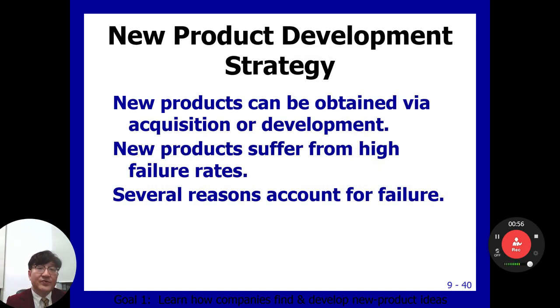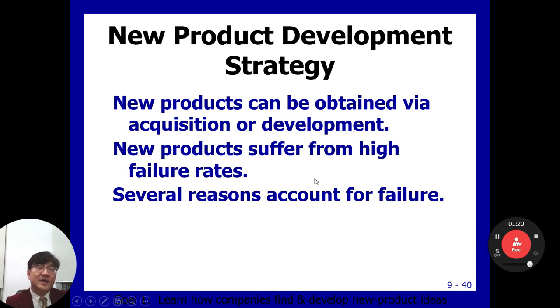So a new product can be obtained by acquisition or development. Even if you don't develop the new product yourself, you can acquire it by buying a company that has the new product. That is another way to have a new product in your line.